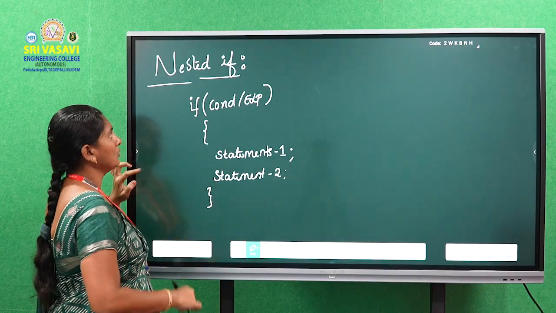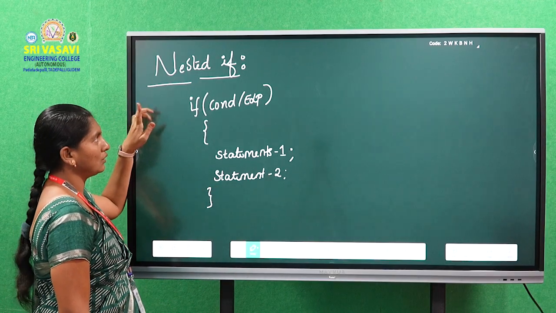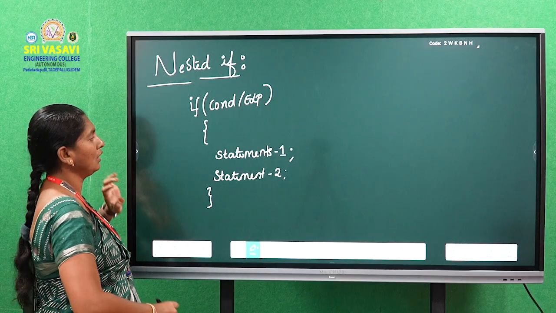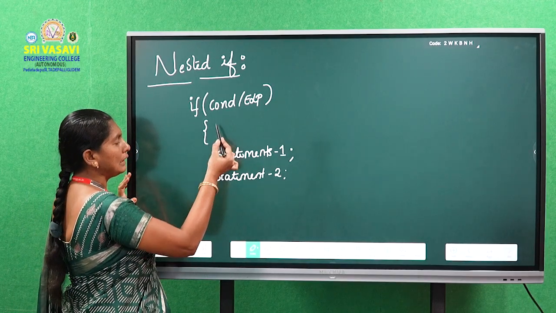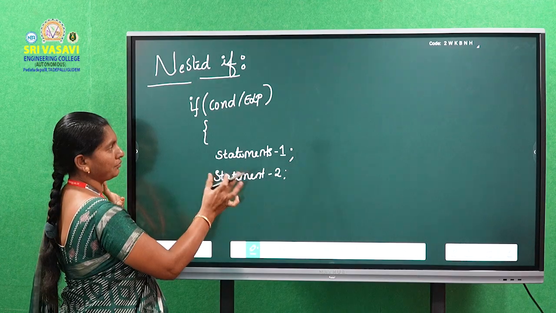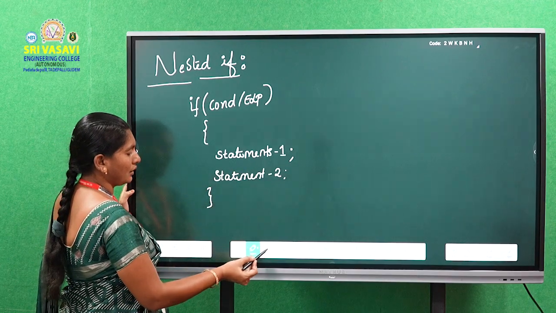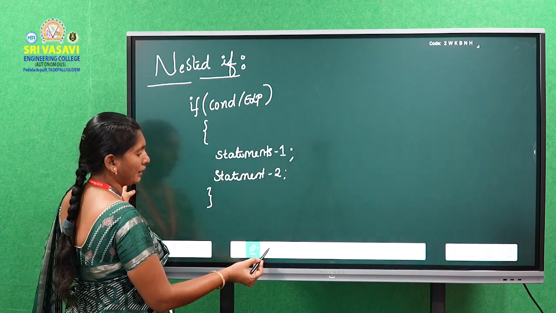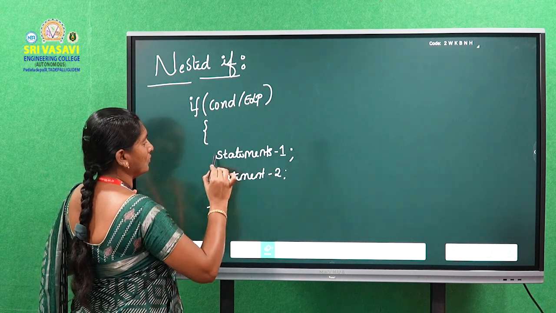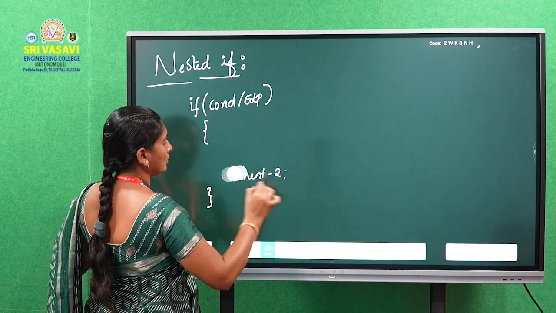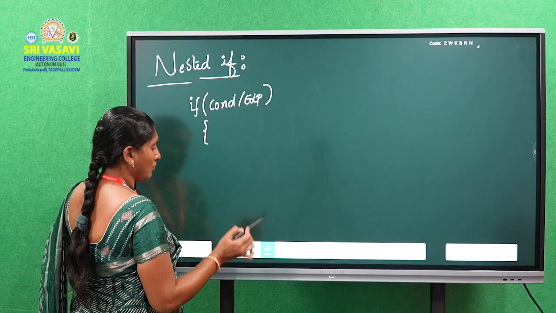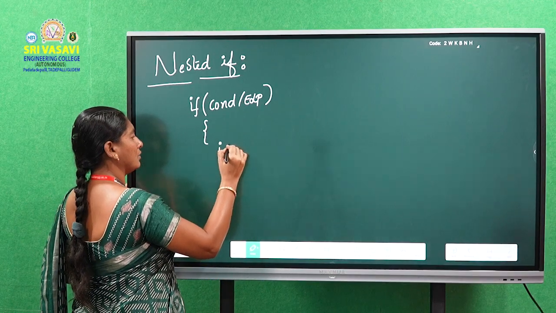So if I want to use the concept of nested if, then I will include an if inside this other if. How can I write it? Now I want to include one more if statement.